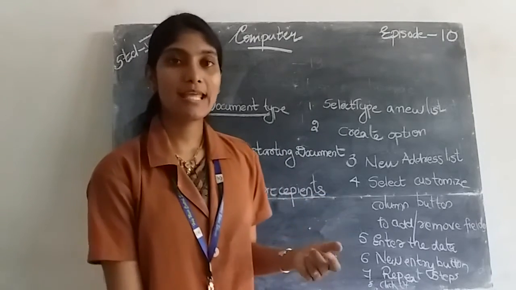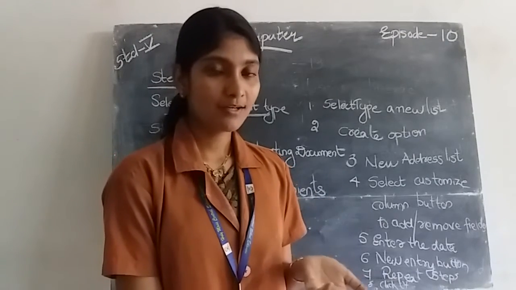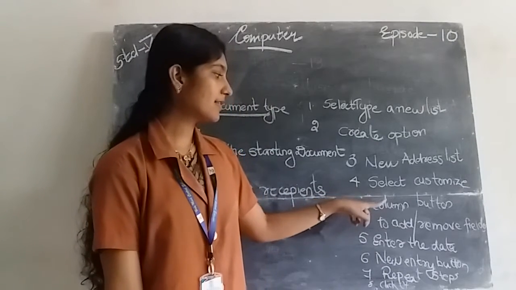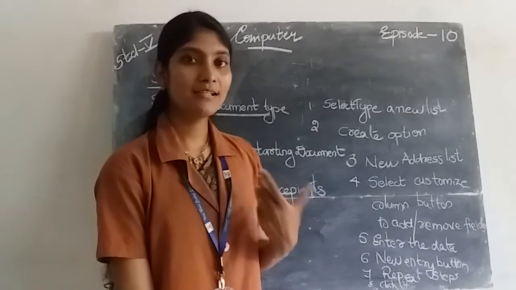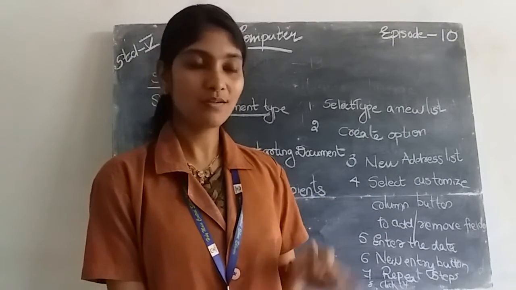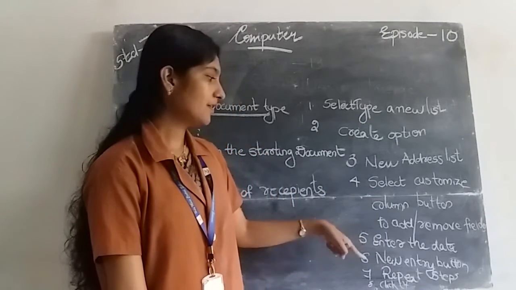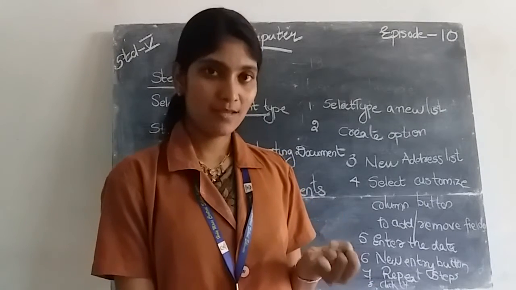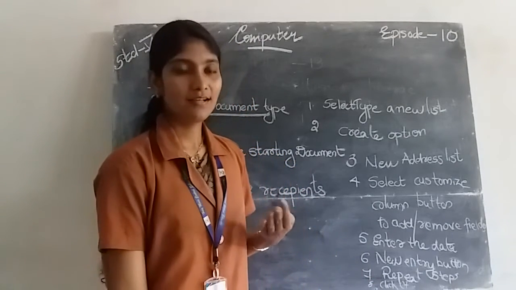If you want to add or remove any field from the address list, just go to the Customize Columns button and then select the option add or remove. Then fifth step, enter the data in the required fields: name, address, etc.